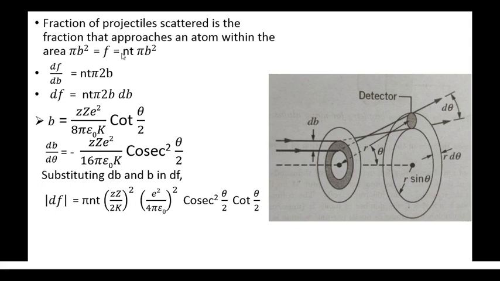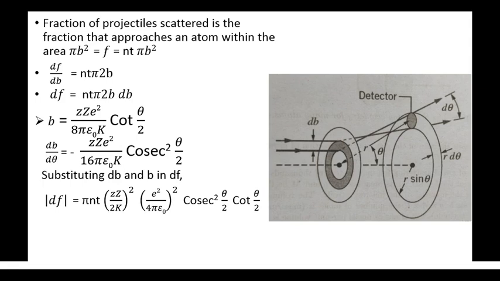Now we are going to find out the fraction of projectiles scattered, that is, the fraction that approaches an atom within the area pi b square. We had already said that if b is the impact parameter, the area covers pi b square, isn't it?